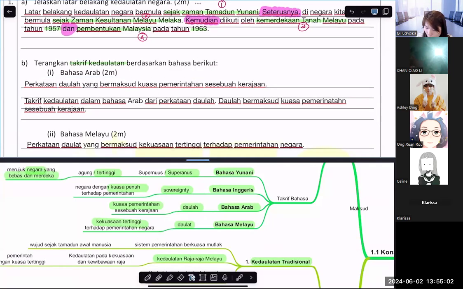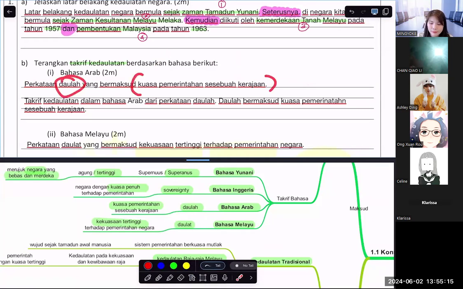You see, I connect the whole sentence as one. For SPM standard, acceptable. Bagus. You get 2 marks already, like that. Why? Because the answer is here. I just use the kata hubung yang to connect. But if the class teacher says, I want you to clarify, very obvious: 1 answer, 1 full stop, then plus kepala soalan.